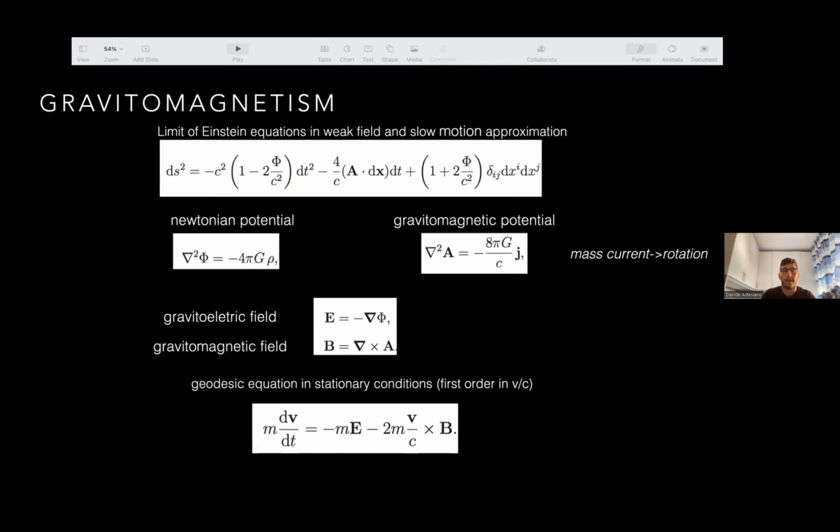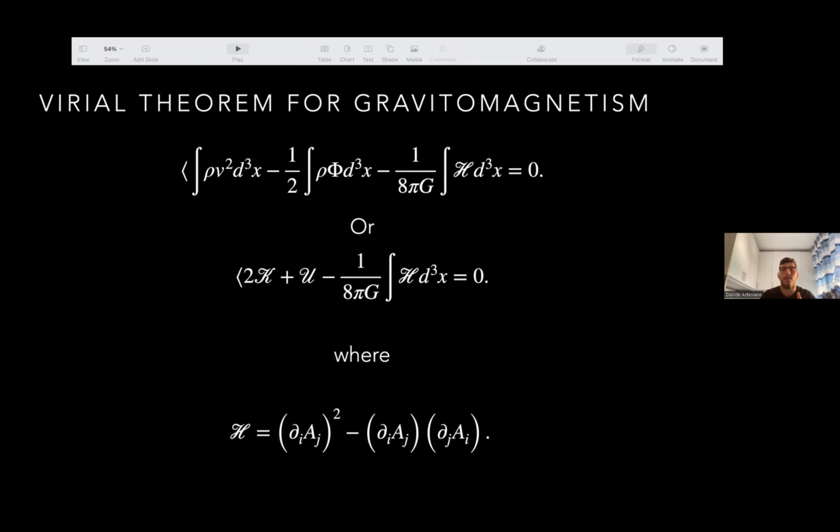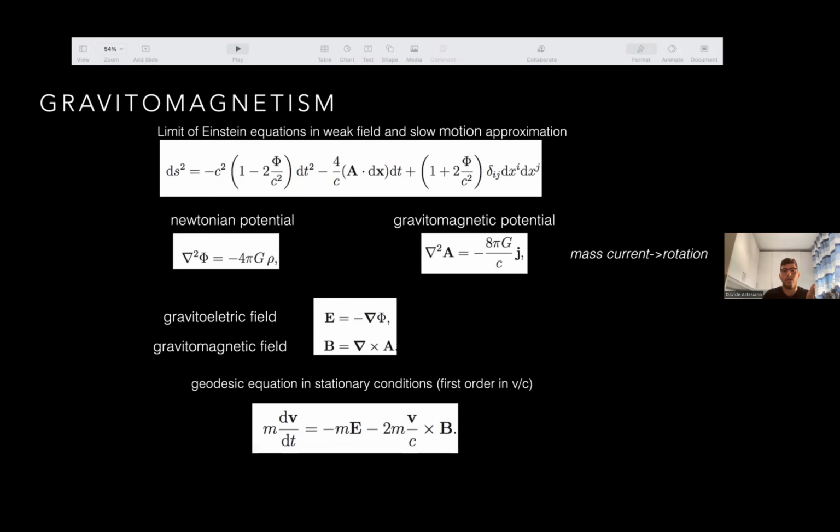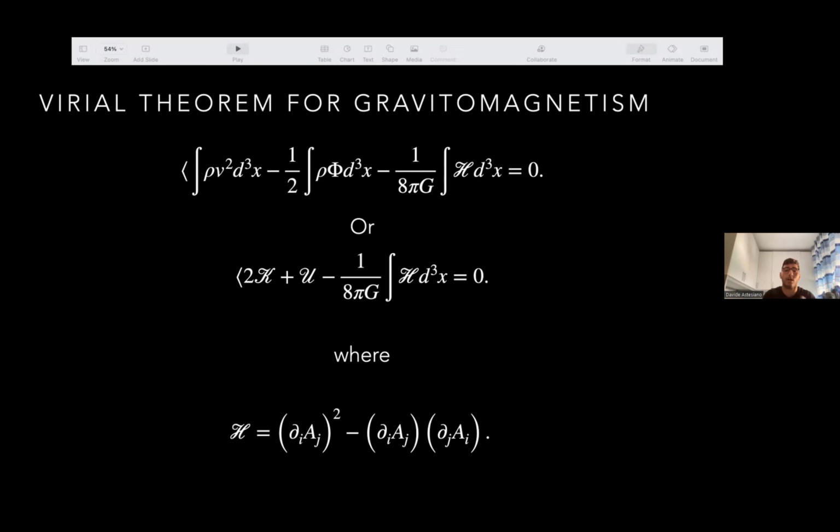Okay, so in the case of gravitomagnetism, you can write this new virial theorem. So we have the kinetic term, we have the potential, and then we have another term that I call H. H depends on A, which again is the non-diagonal terms. So the non-diagonal terms contribute to the virial theorem, contribute to the equation of motion in this way.